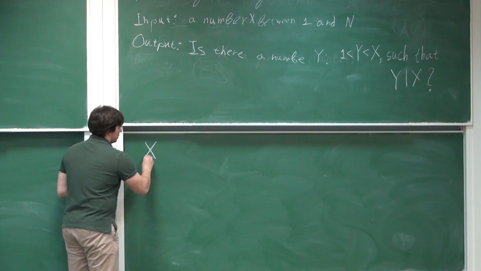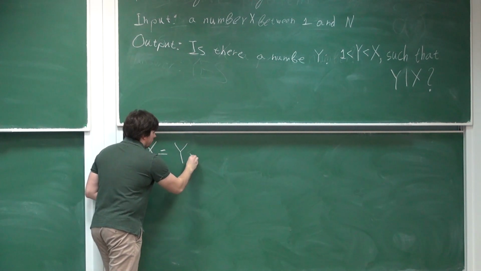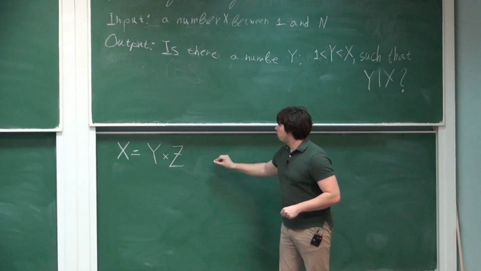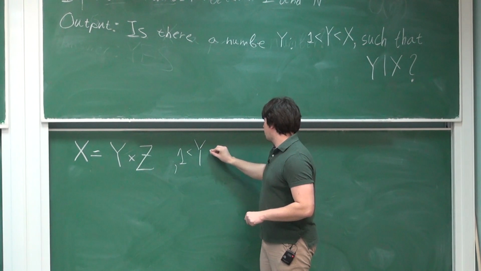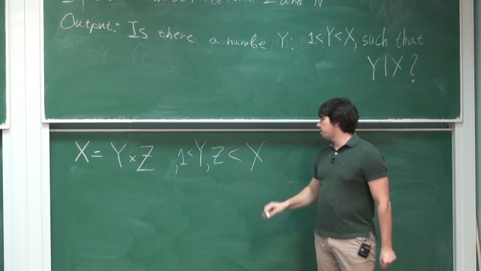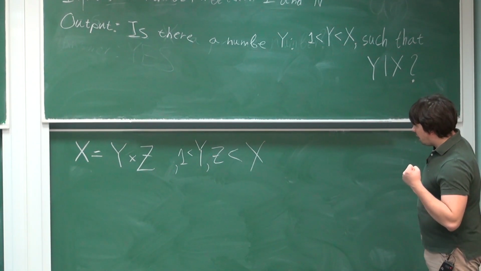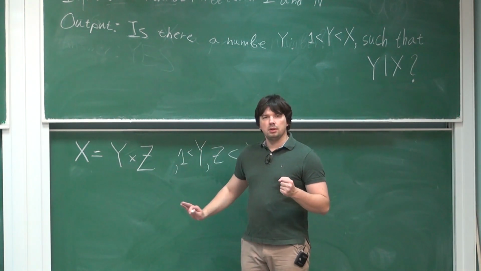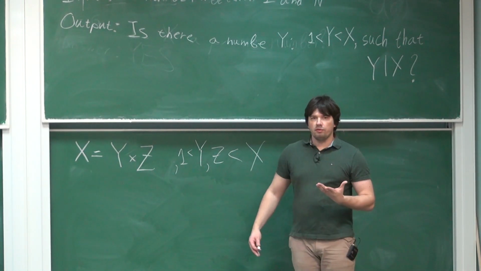So suppose x is equal to a product y times z, and both of them are not 1 and are not x itself. I'm claiming then that one of them would be no more than the square root of x.